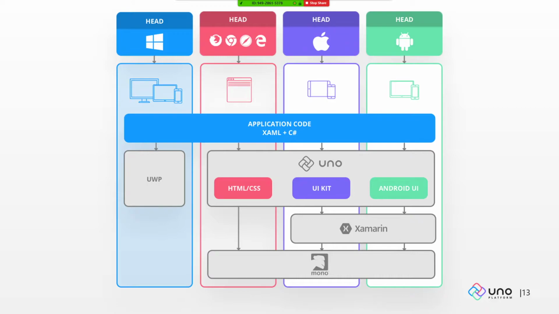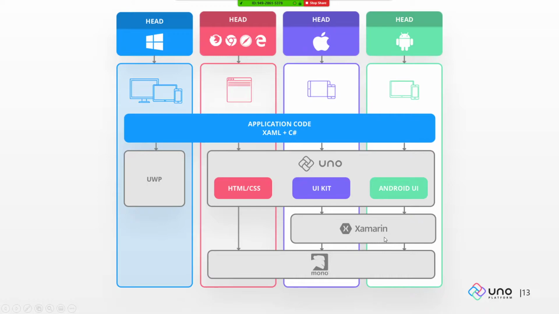To see how it works, we have to look at the architecture level and see how Uno Platform fits there. In the case of Windows, you get just your UWP APIs and application code, and there is no Uno Platform layer there. So you can see there is just a direct connection to the UWP layer. In the case of Android and iOS, there is Mono at the bottom.